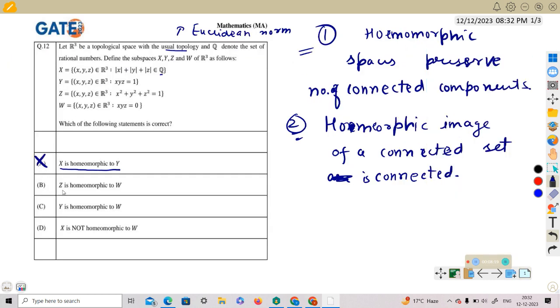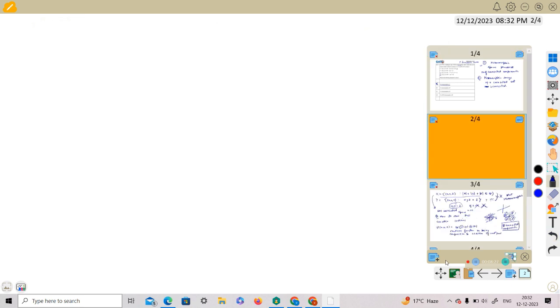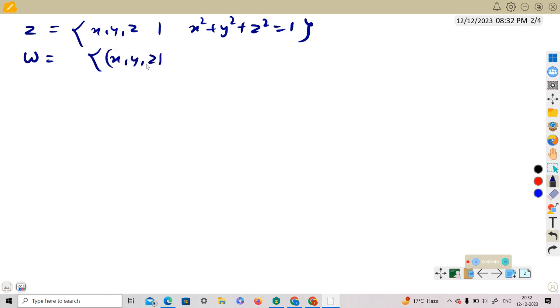So this is incorrect. Now we consider Z and W. Z is the set of (x, y, z) such that x square plus y square plus z square is equal to 1. W is those (x, y, z) such that xyz is equal to 0. Okay, this is a sphere and these are the lines.